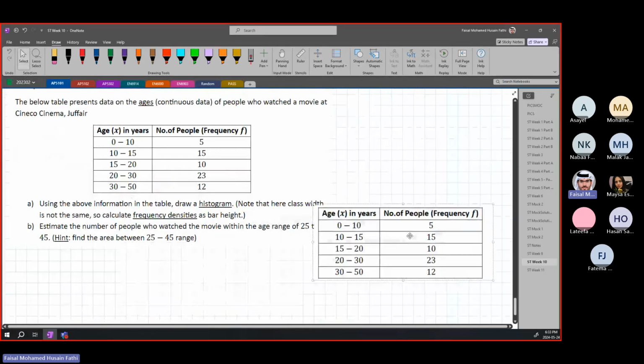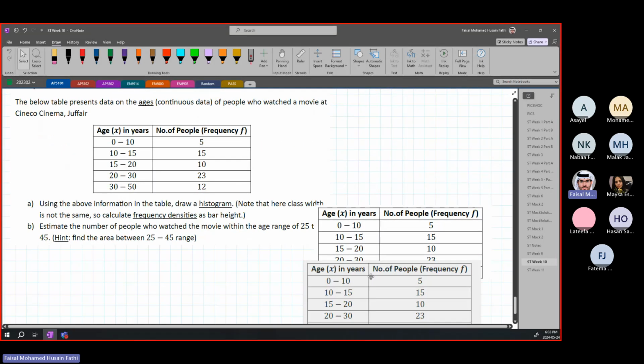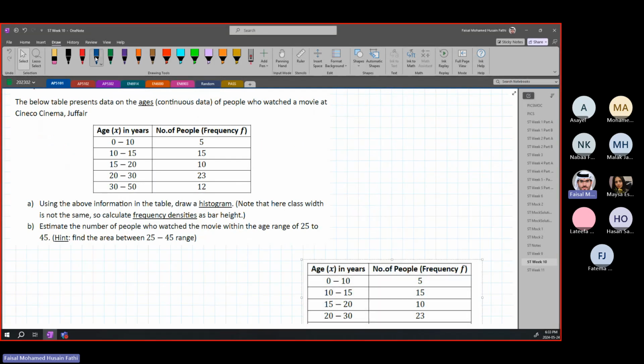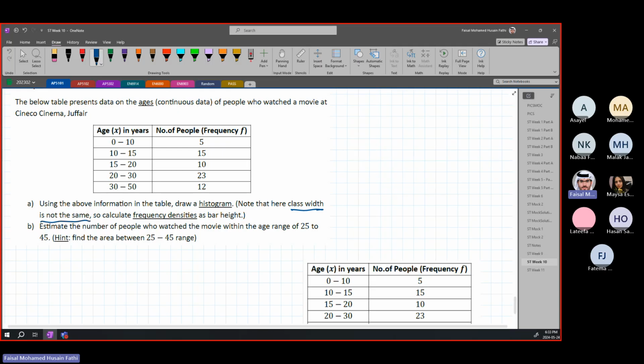So this question says, a table is given, all right? Use the above information in the table to draw a histogram. And it also mentions that, note that here the class widths are not the same. Because if you notice here, the class width here is from 0 to 10, which is 10 minus 0, which is equal to 10. And here it is 15 minus 10, which is 5.